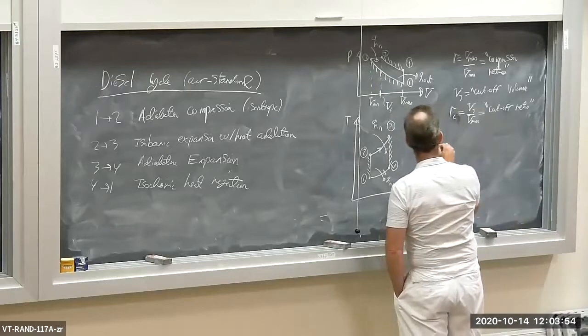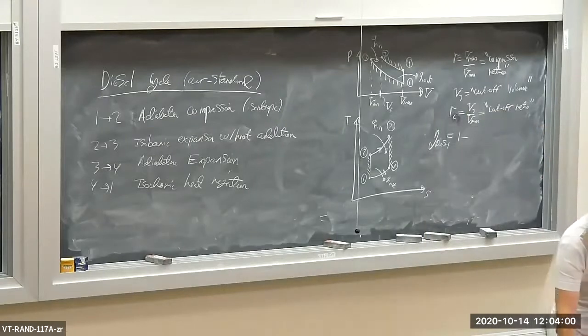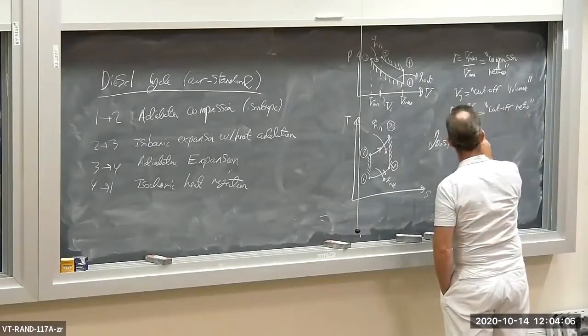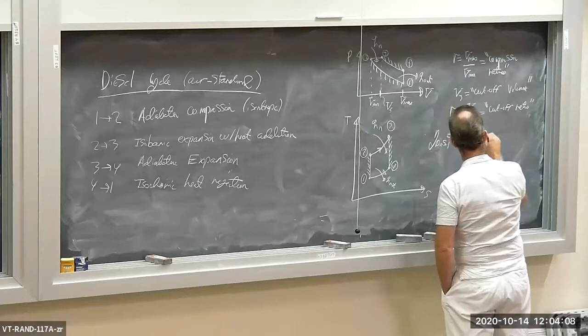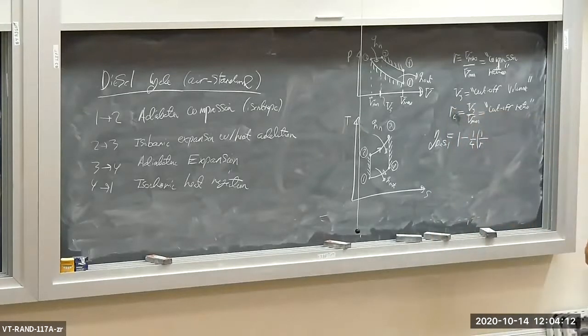Eta for the diesel cycle is 1 minus, and it starts looking a little bit like the Otto cycle. So I have a 1 minus 1 over K, and then I have 1 over the compression ratio, R, to the K minus 1 power.